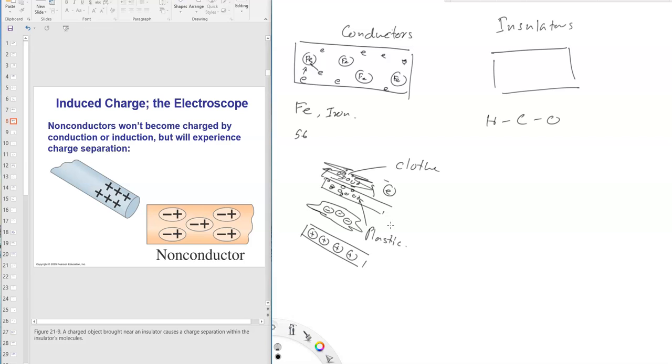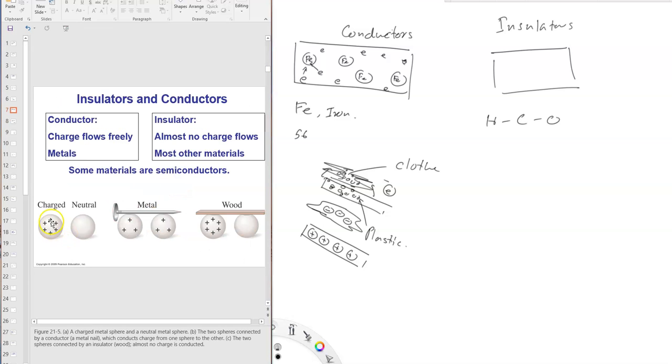So once you have that charged object, just give me a second. Okay, so here we are charging an object by friction. So that's one way of charging things. The other method, as we saw in the previous slide, if I go back, here we have a charged object, this sphere, and we have a neutral object.